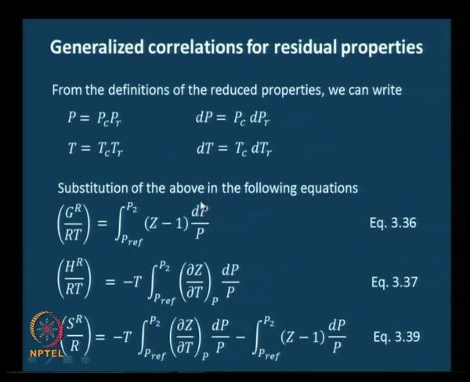When you are integrating with respect to the reduced pressure Pr, it makes sense to have the limits of integration in terms of the reduced pressure. Therefore, these would automatically change and we could get expressions in terms of the reduced properties.